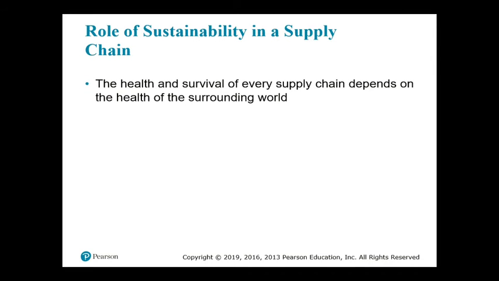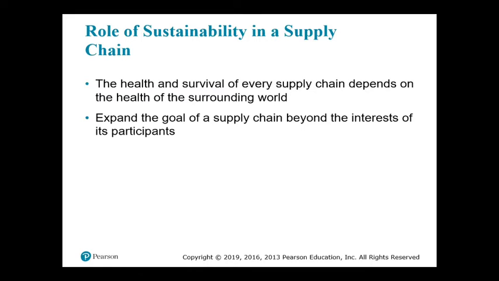And besides the need to make the world more sustainable, the increased focus on sustainability can also allow our supply chains to reduce risk, become more efficient, and attract some segments of customers.